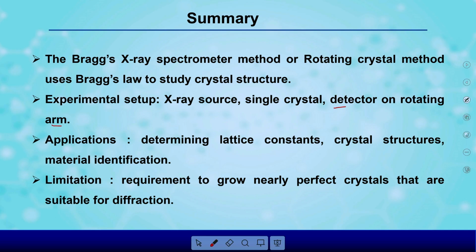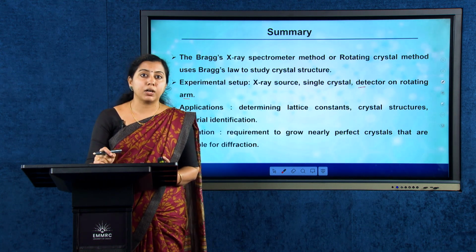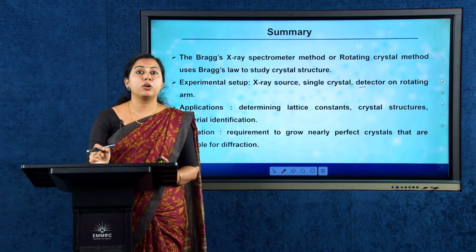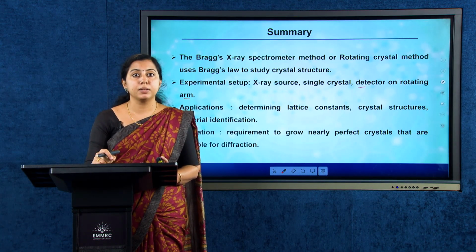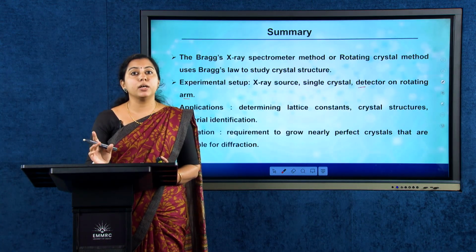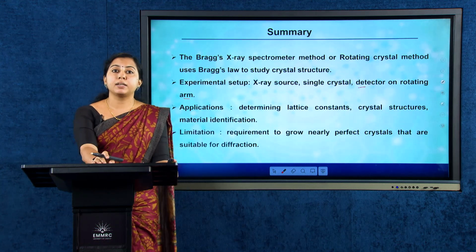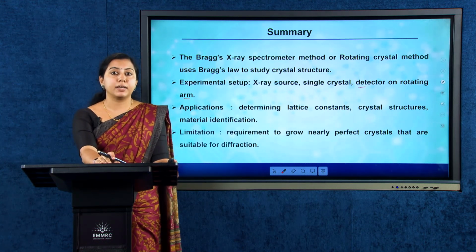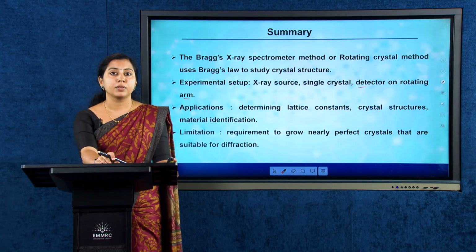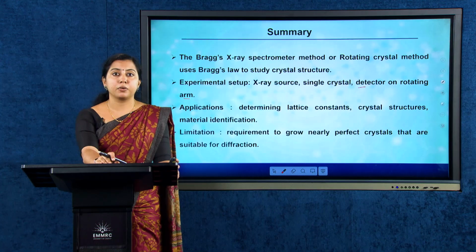The X-rays are generated from the X-ray tube. Usually, it is a molybdenum K alpha or copper K alpha radiation passed through a slit and allowed to fall on a particular plane of a crystal at an angle theta. The crystal is mounted on a rotating table, and the diffracted X-rays are allowed to fall onto a detector, usually an ionization chamber or a photographic plate, and the detector can also be rotated.